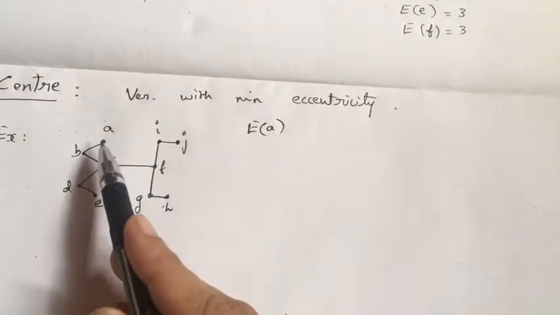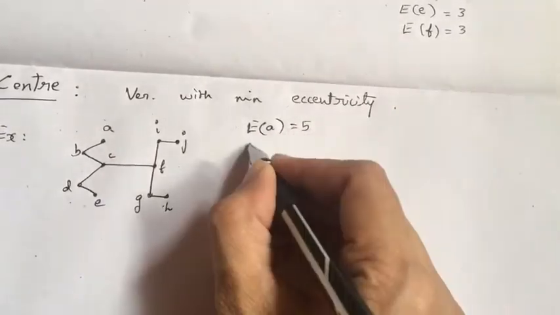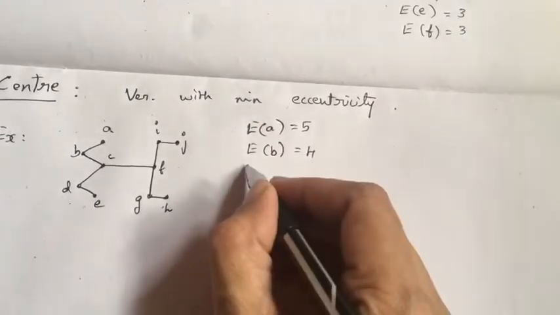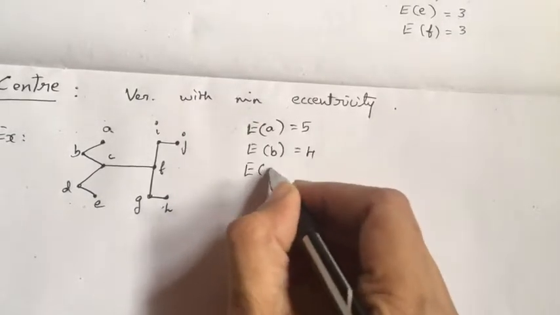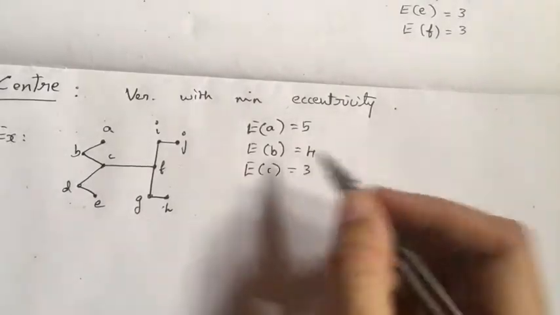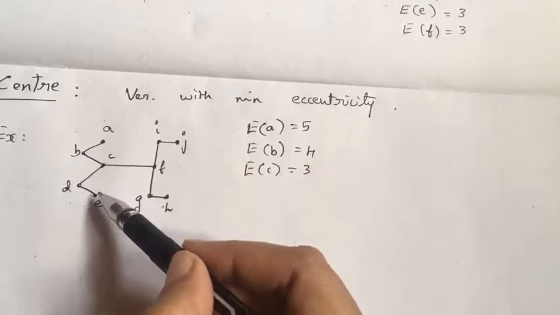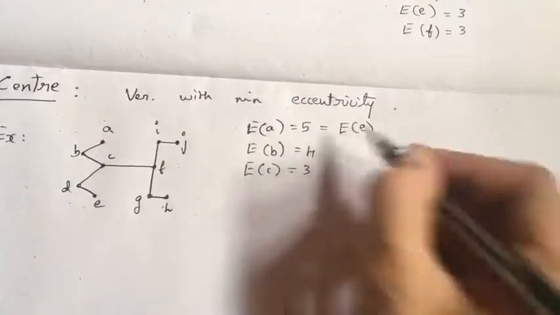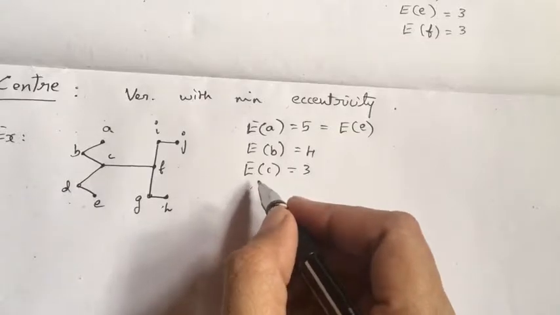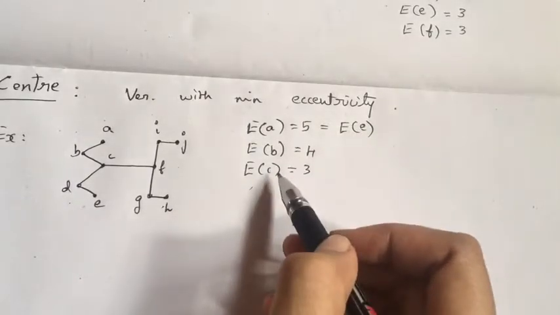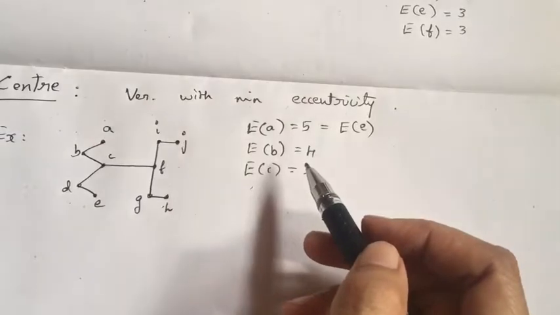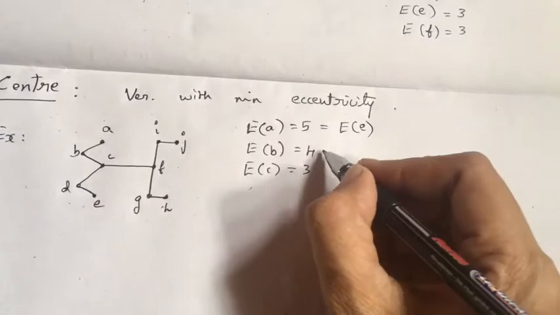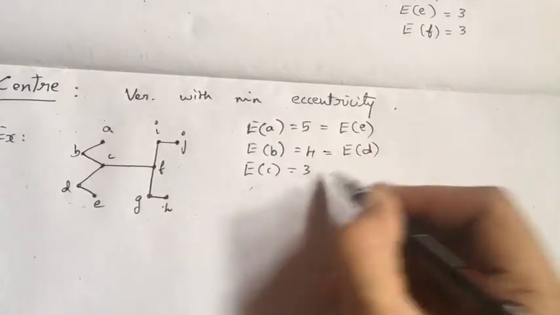Eccentricity of A is 5. Eccentricity of B is 4. Eccentricity of C is 3. Eccentricity of D is 4.